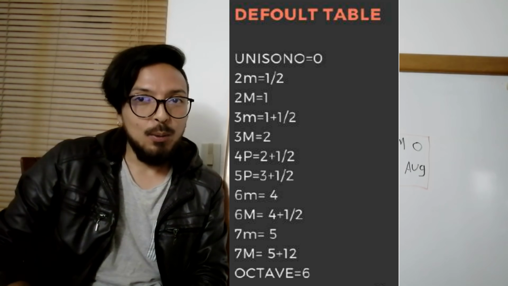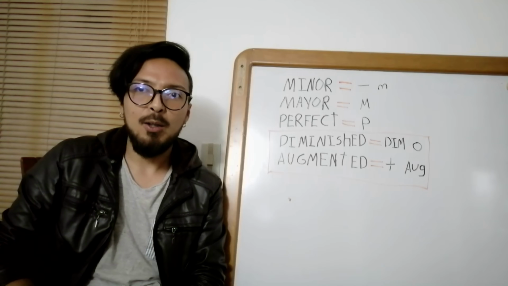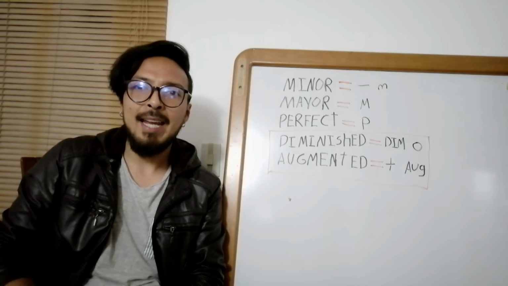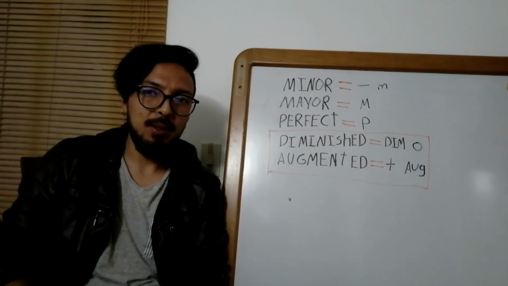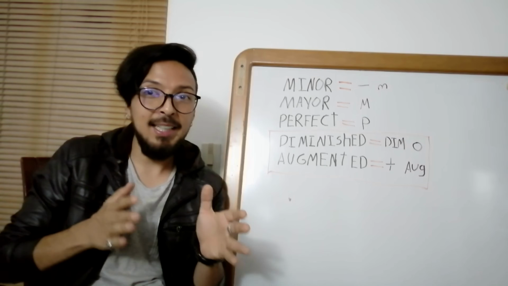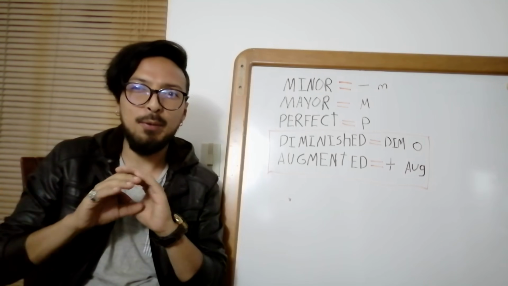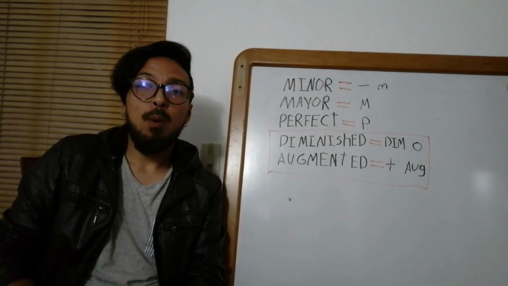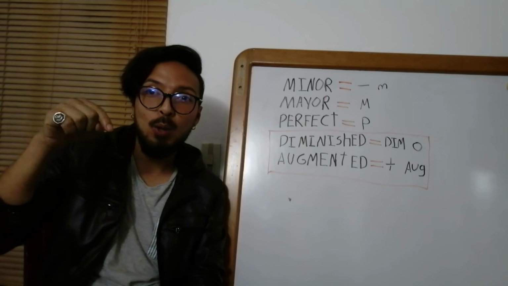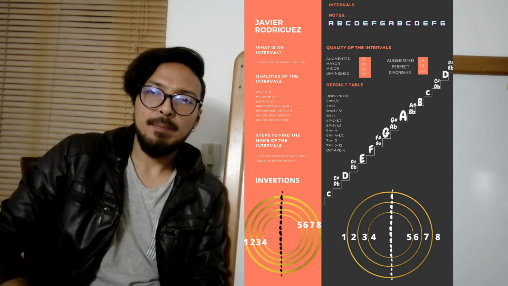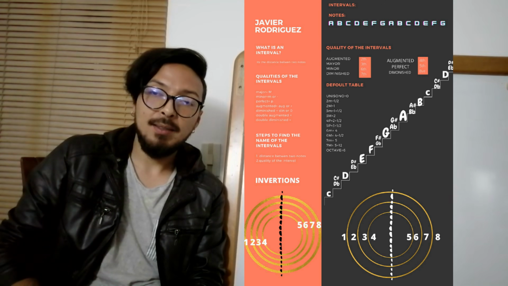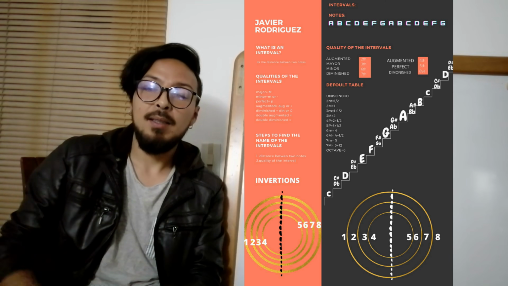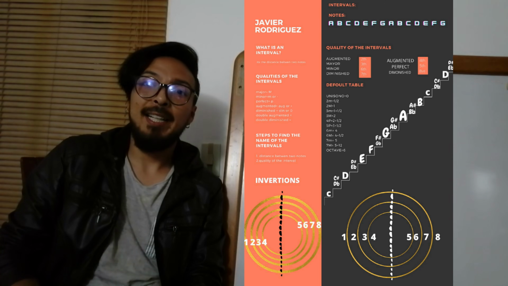So now we have learned how to name our intervals properly with the quality and the number. We have the full interval. Remember that you can download the PDF that is going to help us all the time to name our intervals.